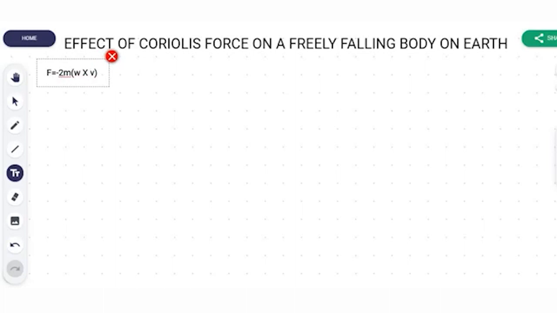And this is the expression for Coriolis force which we discussed in the last class.